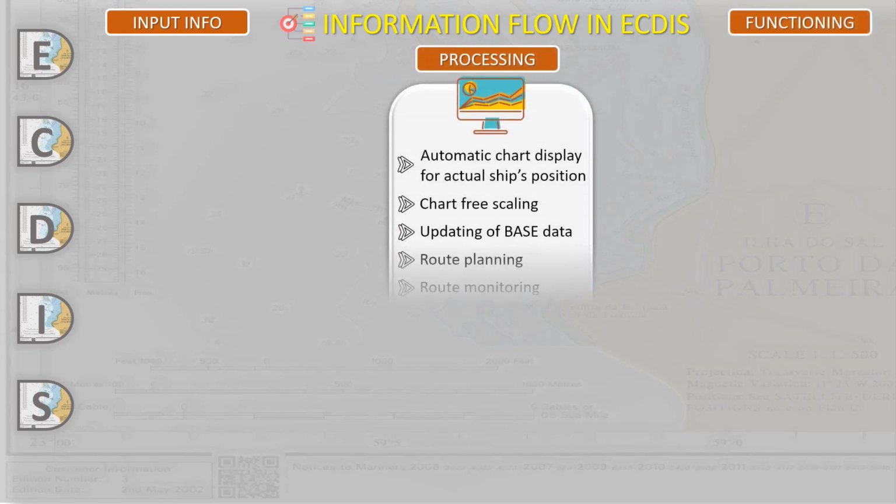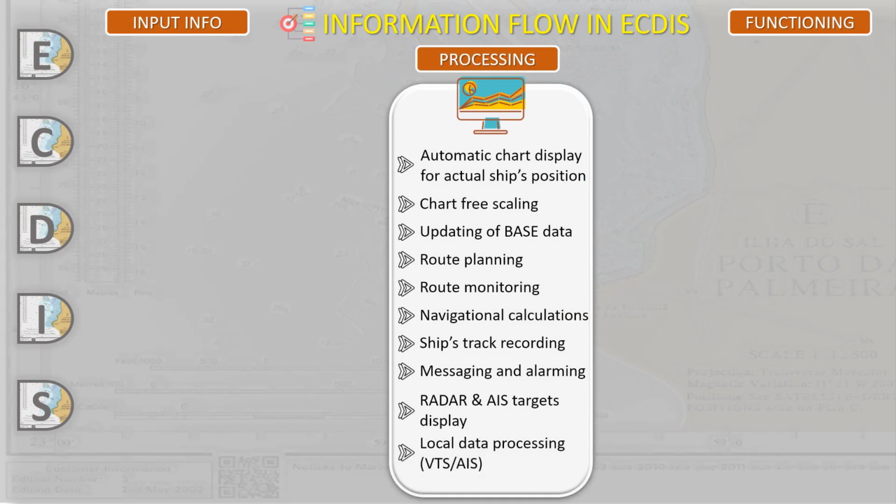Let's name the ECDIS processing tasks: automatic chart display for actual ship position, chart freescaling, updating of base data, route planning, route monitoring, navigational calculations, ship's track recording, messaging and alarming, radar and IIS targets display, local data processing like VTS and AIS.